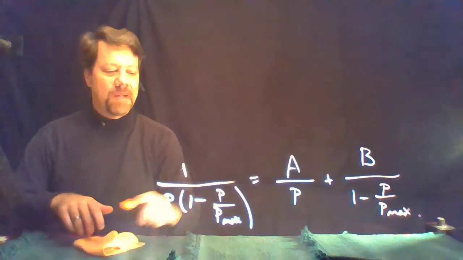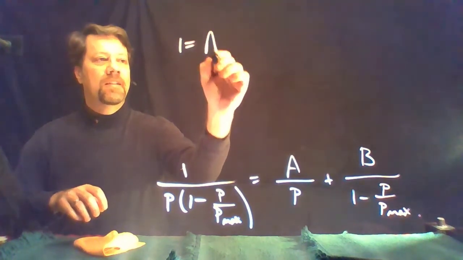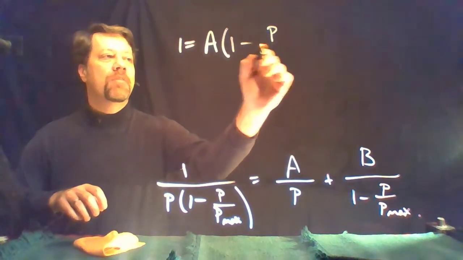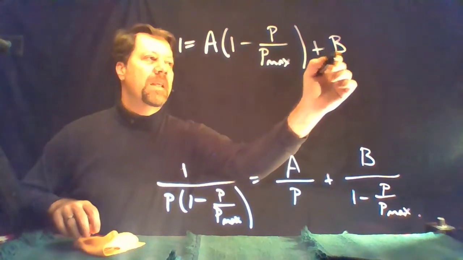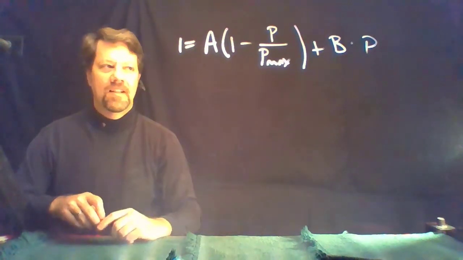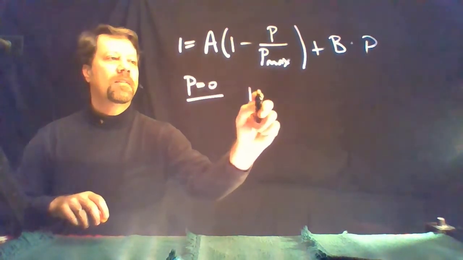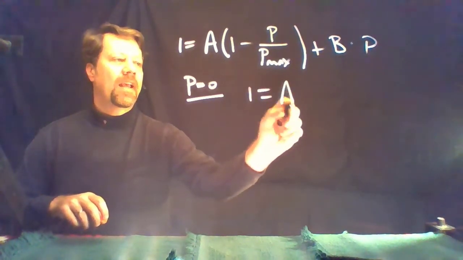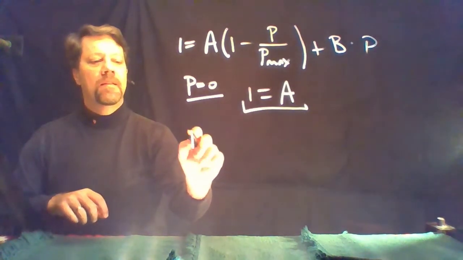Multiplying both sides by the denominator on the left, we have the equation 1 is A times 1 minus P over P max plus B times P. Selecting P equal to 0 yields 1 equals A. We'll put that in a little bucket here.